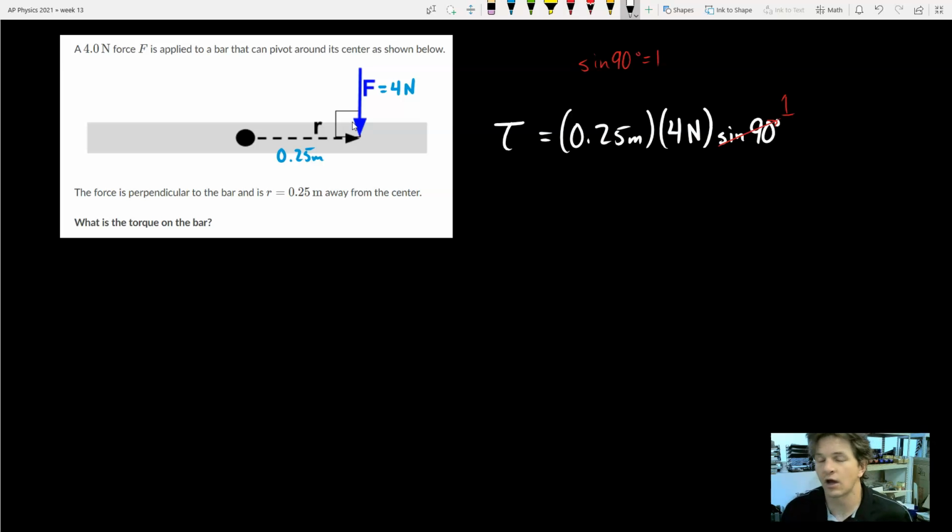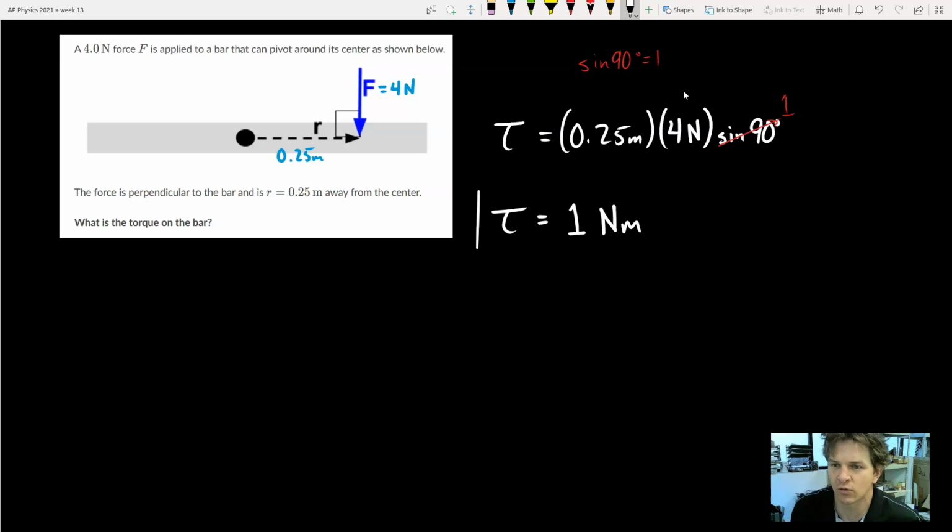So this just disappears, becomes invisible. So 1/4 of 4 would give us 1. And then our units are going to be a Newton times a meter. It's the typical way we write it.